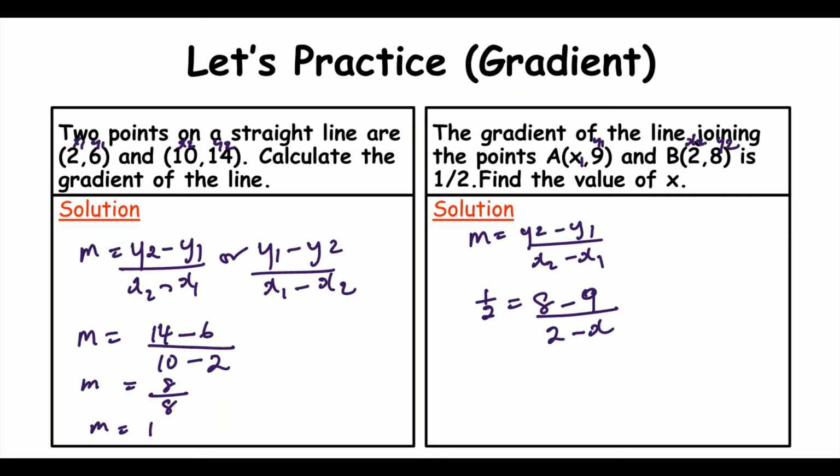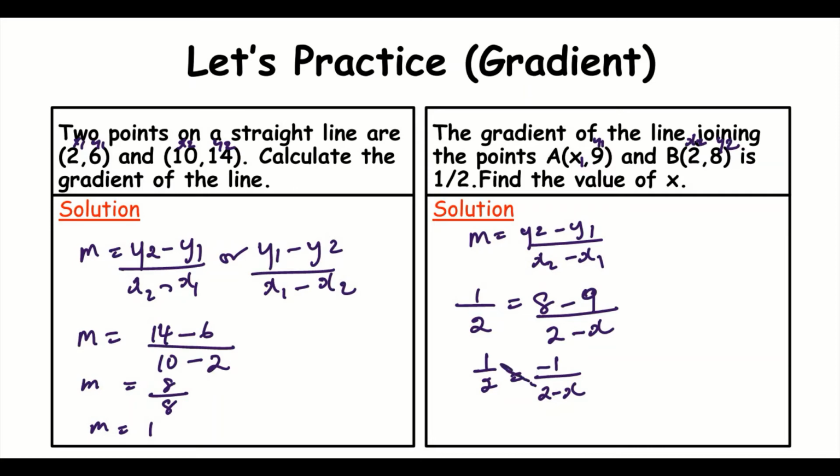Now we can do what we call cross multiplication. We can cross multiply to find the value. So let's simplify this some more. So a half is equal to 8 minus 9 gives us negative 1 over 2 minus x.